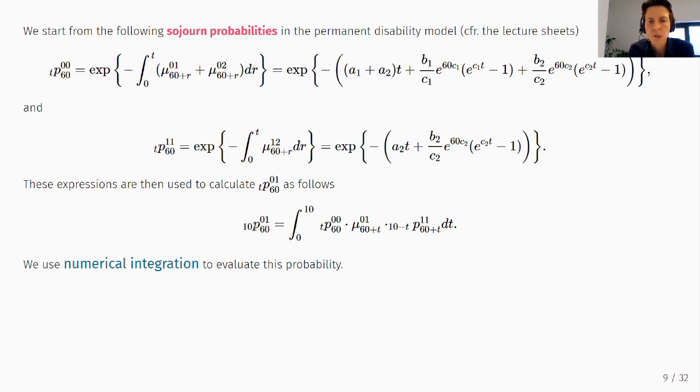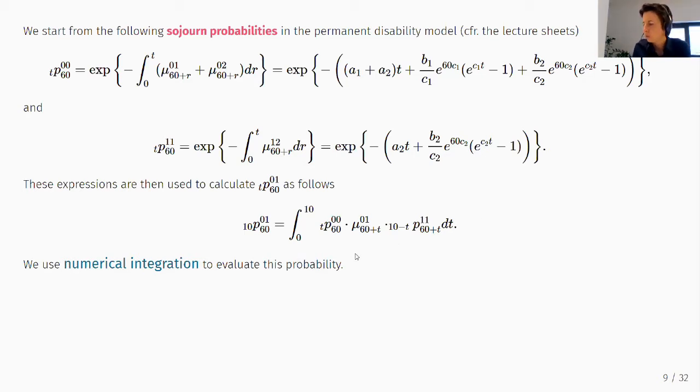We can put this probability together as follows. You're going to stay in the healthy state until a certain age, 60 plus t. Then you're going to make the transition into the disabled state. And then for the remainder of the considered time interval, so that's the duration of 10 minus t, you're going to stay in this disabled state. And you want the t to run from 0 to 10. So that's a way how we can write down this probability.